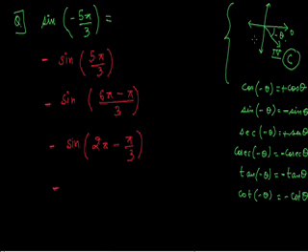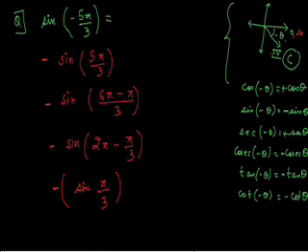Remember that 2 pi is on the horizontal line. Horizontal line is the no change line. So sine will remain sine. It will be sine theta, that is sine pi by 3. But now we have to decide whether to put a plus or a minus sign over here. For that purpose, we will check which quadrant this is. 2 pi minus something, minus implies we are going in the clockwise direction.